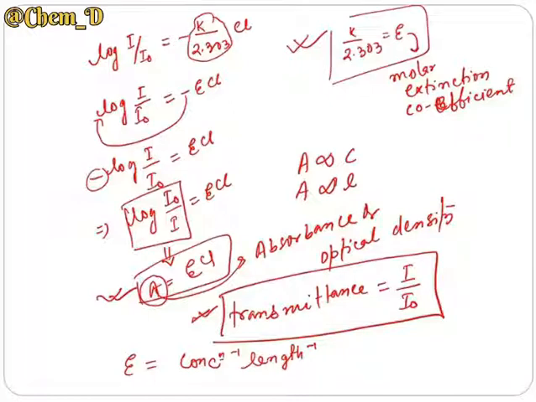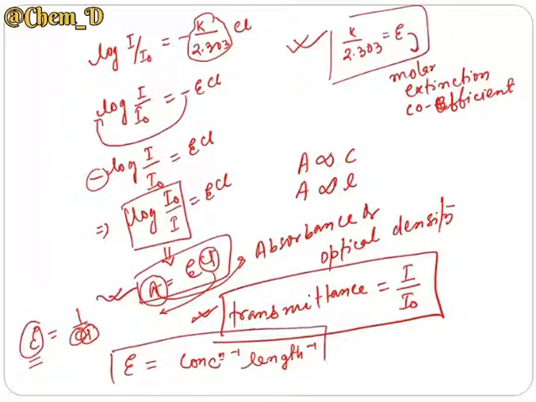So from A equal to ECL, E equals A by CL, which means the unit of E depends on the inverse unit of the concentration and the inverse unit of the length. This you should remember. So that's it for theory. Now we will move on to numericals.